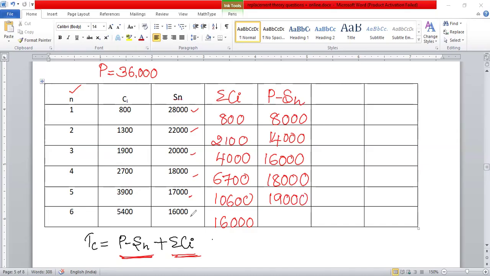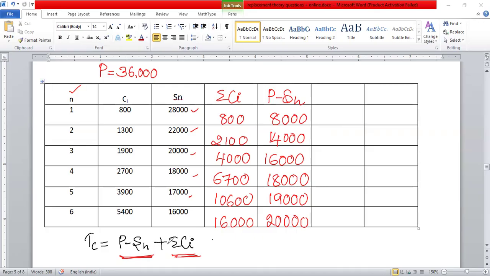And the last one, 36,000 minus 16,000, is just 20,000. Okay, so the P minus S of n column is finished. This is the difference for the 3-row sum; in the 2-row sum it is a constant value, but in the 3-row sum it is not constant. Now summation of Ci is done and P minus S of n is also done.